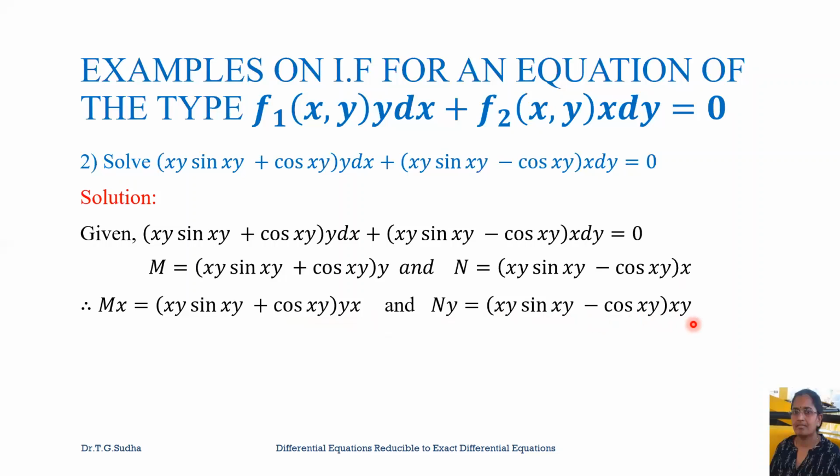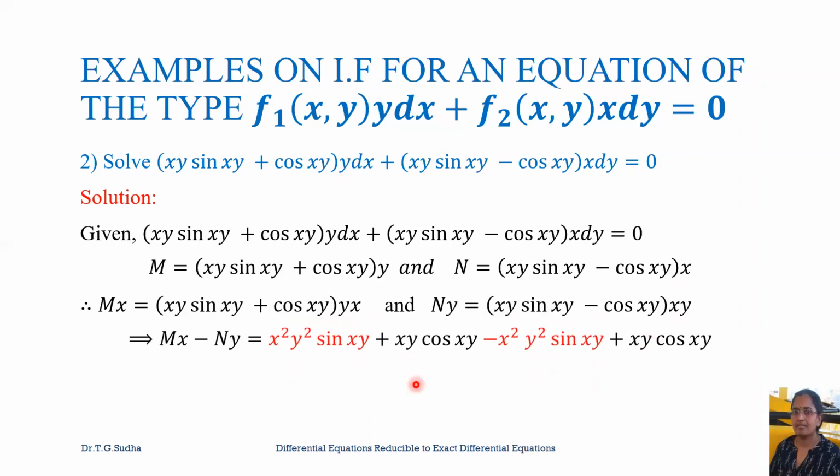Now let us consider Mx minus Ny. So this gives us x square y square sin xy plus xy into cos of xy minus x square y square sin xy plus xy into cos xy.